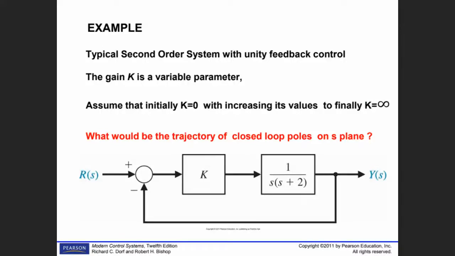This is a typical second order system. What would be the trajectory of the transfer function, of course, when k is varying from 0 to infinite?